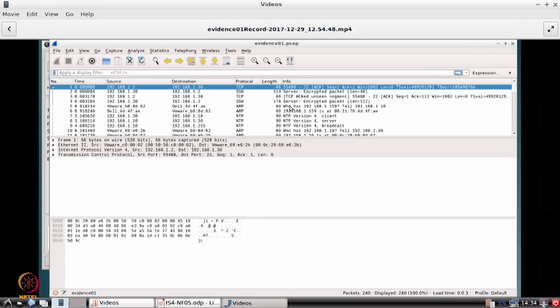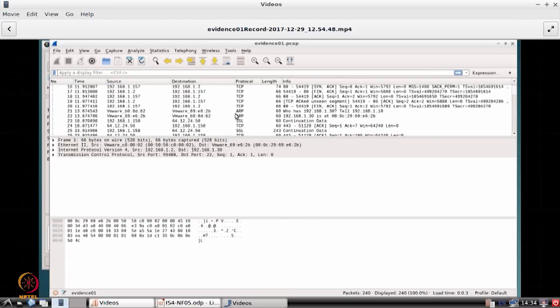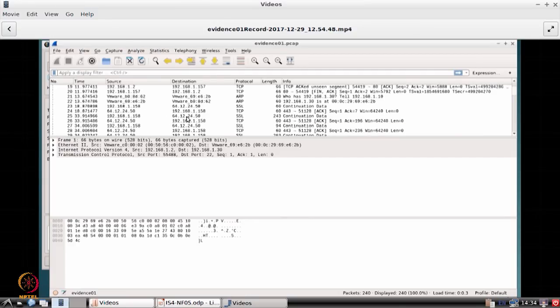Now, we will come back to Wireshark, and what we can do is sort according to destination or sort according to source. I think we have seen all those things. So, we will go ahead and use Wireshark and try to see some of the suspicious packets that have been transferred between these two machines.